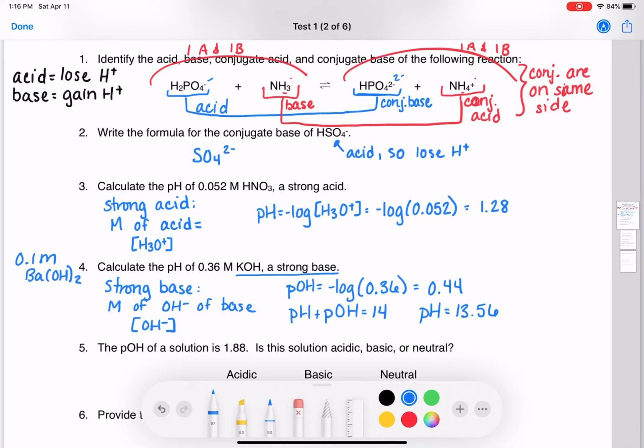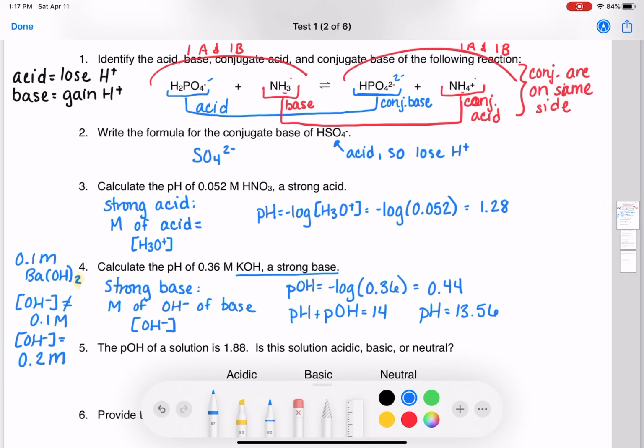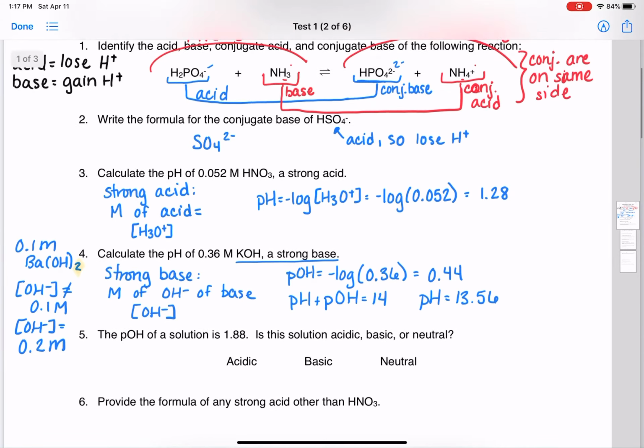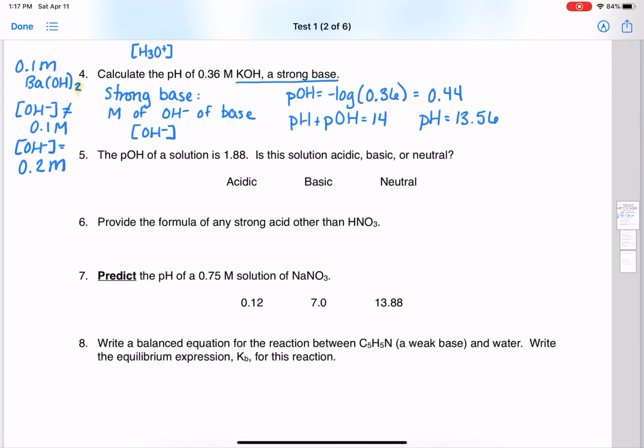The OH minus concentration of this solution is not 0.1 molar because there are two hydroxides in every molecule. The OH minus concentration of this solution is 0.2 molar because there are two hydroxides in every one of those molecules. So you got to be careful if you're dealing with something like barium hydroxide that has two OHs in it.